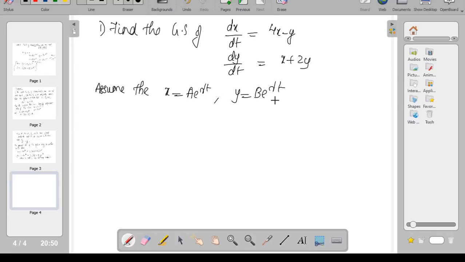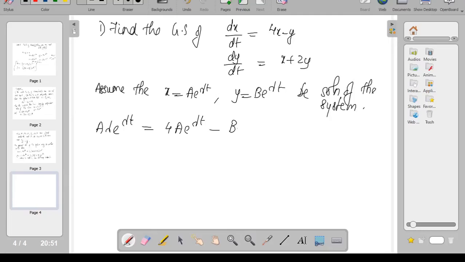So we need to find the characteristic equation, the solution of the system. So you will get a lambda e raised to lambda t equal to 4a e raised to lambda t minus b e raised to lambda t, and b lambda e raised to lambda t is equal to a e raised to lambda t plus 2b e raised to lambda t.